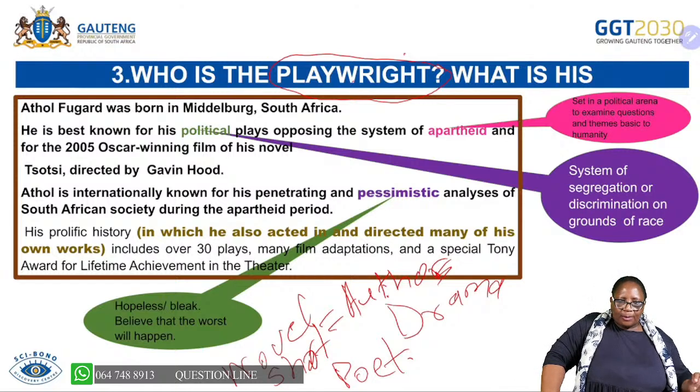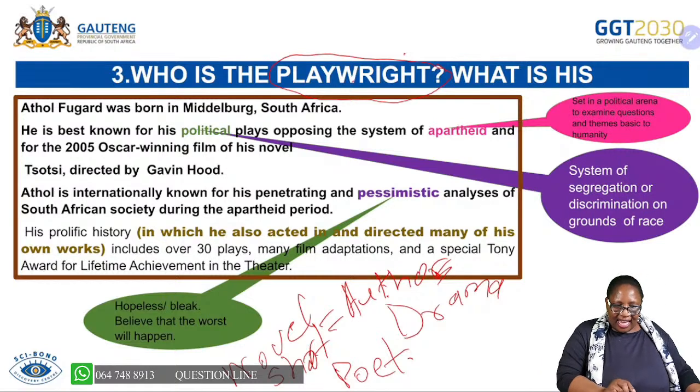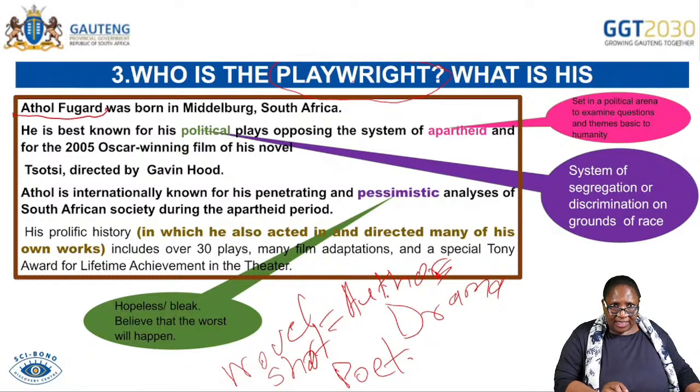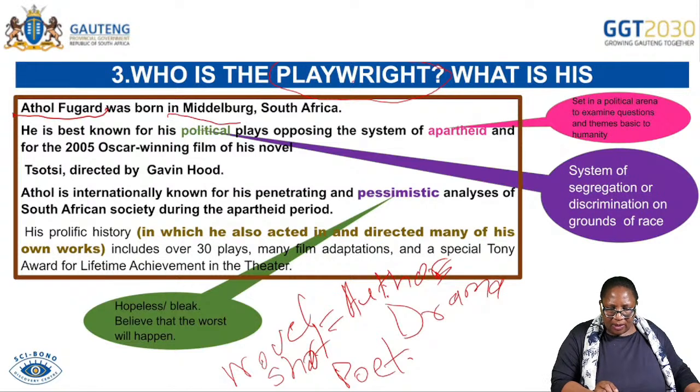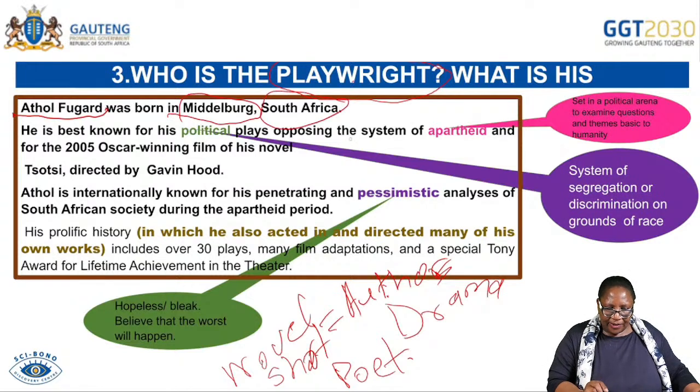Who is this playwright? The person who wrote this drama, My Children, My Africa, is Athol Fugard. You got it right? Yes. He was born where? In Middelburg in South Africa.